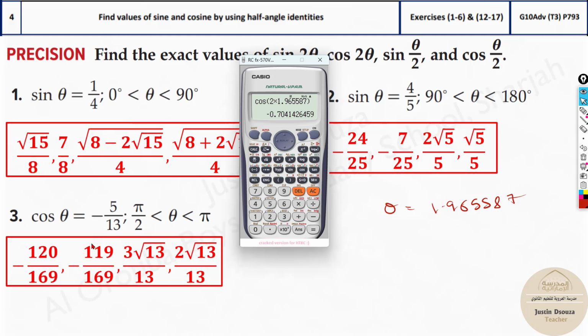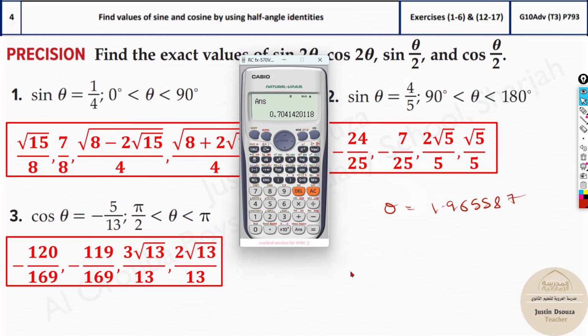You can see the sign should match. Whatever this sign is, put it here. If it was plus, you just put plus. This is equivalent to this. I will just show you 119 divided by 169 gives you the same answer as 0.704. And these you have to use the formula and solve.